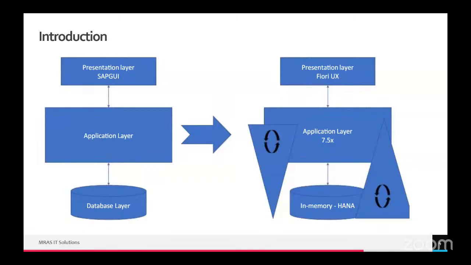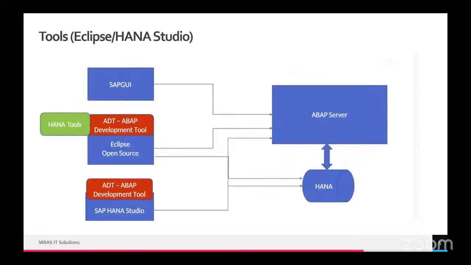In HANA, we have two parts: one is cloud and one is on-premise. In on-premise, we will have some touch to the SAP GUI plus Eclipse. But if we talk about cloud-based HANA, then we will have the touch to the BTP layers. So we will have RAP applications, Fiori applications, which have their own screens for the applications. So that's the advantage of HANA.